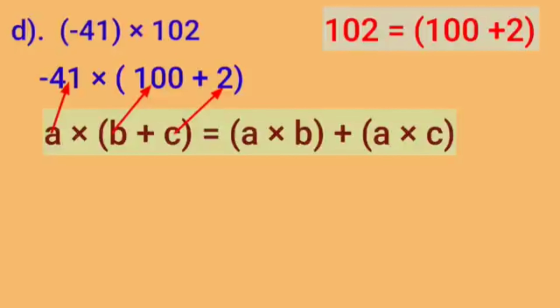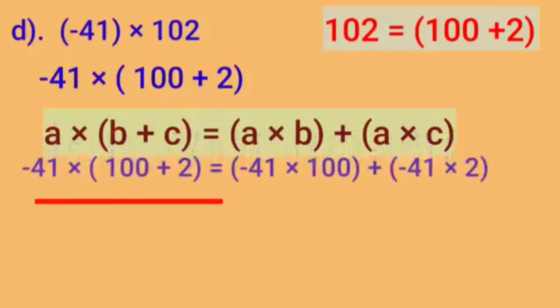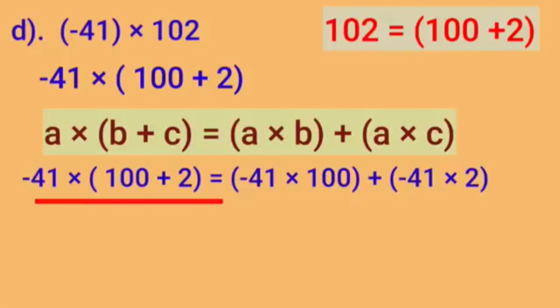Here A is equal to minus 41, B is equal to 100 and C is equal to 2. So, minus 41 into (100 plus 2) is equal to minus 41 into 100 plus minus 41 into 2.